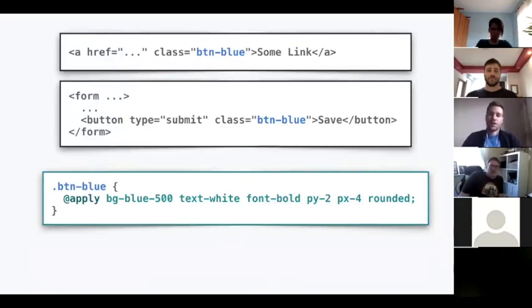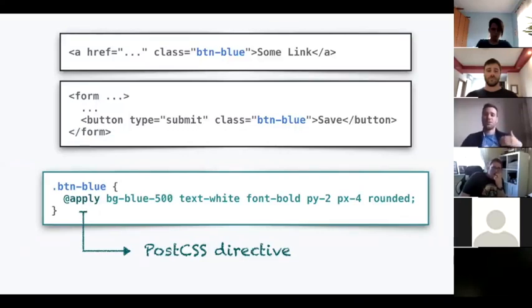So it gives you this apply directive, which then compiles your CSS into the rules that we saw previously. So this way, even when you're writing custom CSS, you can still easily benefit from Tailwind's constraints or utility system.